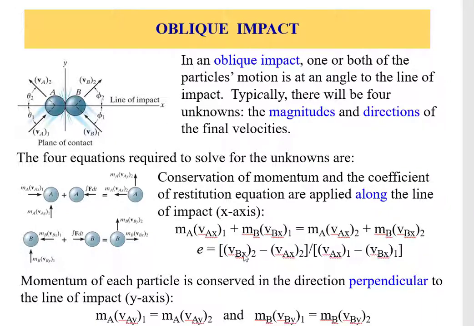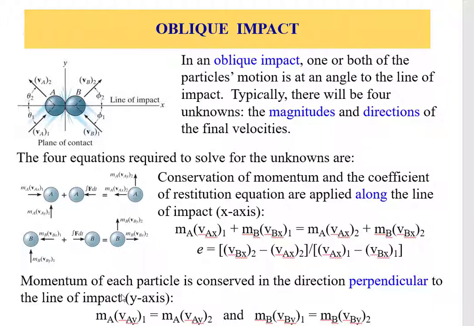So this is important to notice. This is computed along the line of impact, so we are only concerned with the x component. So this is the relative separation over the relative approaching, and that's going to give you the second equation.